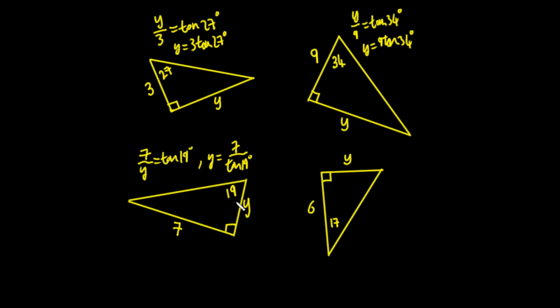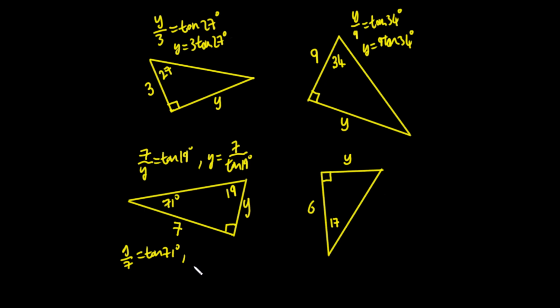Now the other way of doing this is to note that if we were to find this other angle here, which is going to be 180 minus the 90 minus the 19, which gives us a value of 71 degrees, then we can say that the opposite of this is the value of y, and the adjacent is a value of 7. So we can say that y divided by 7 is equal to the tan of 71 degrees.